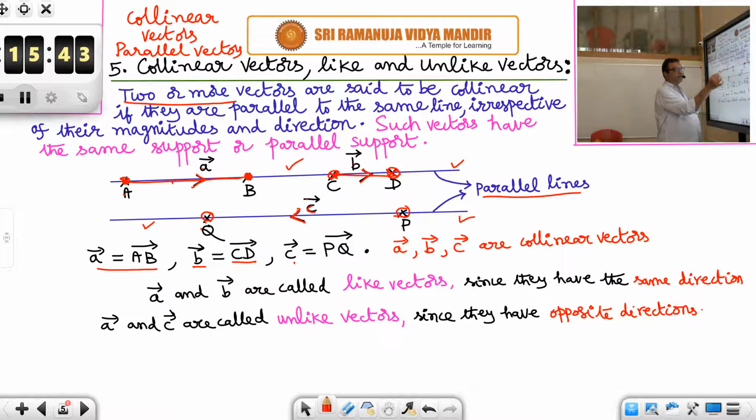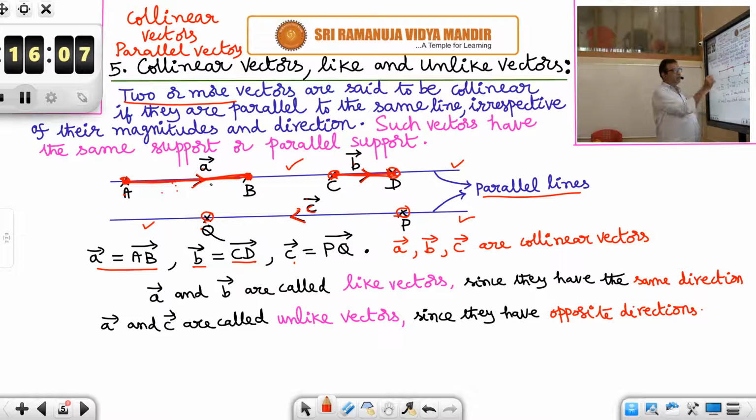Therefore, you agree that they are collinear vectors, irrespective of their magnitude and direction. AB bar length is more, CD bar length is very small. AB bar has more magnitude, CD bar has less magnitude. Magnitudes are not important here. They are on the same line only, therefore they are collinear vectors.